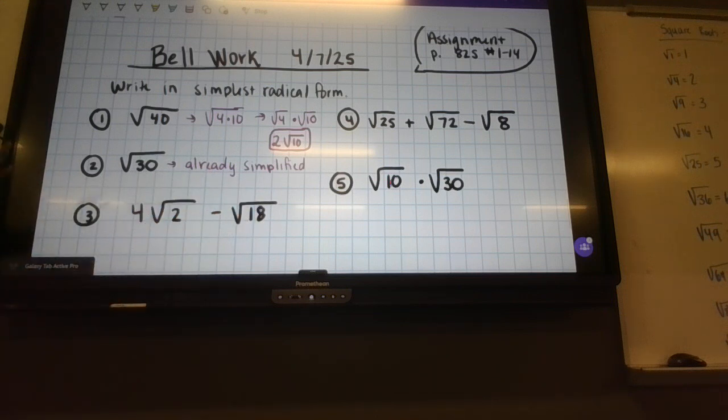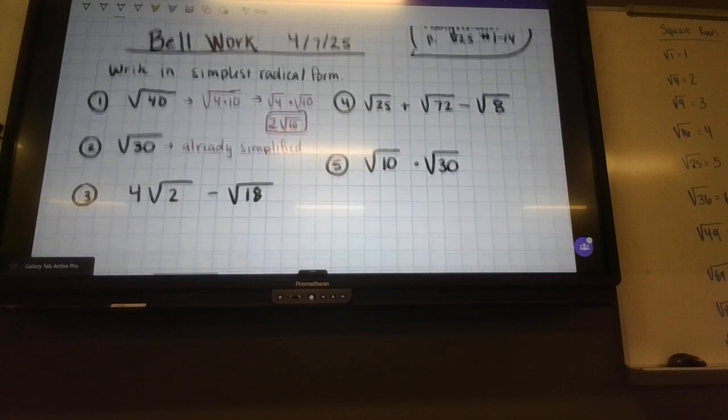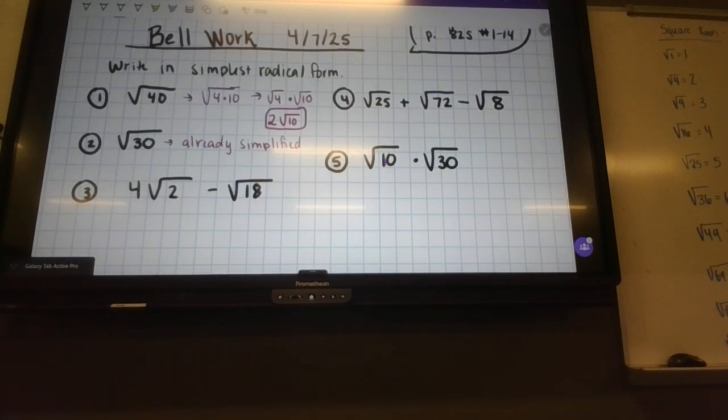So we can't subtract until you have like radicals. You can't add or subtract until radicals match.